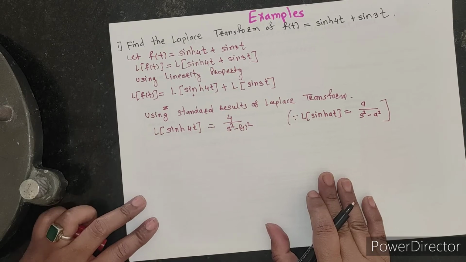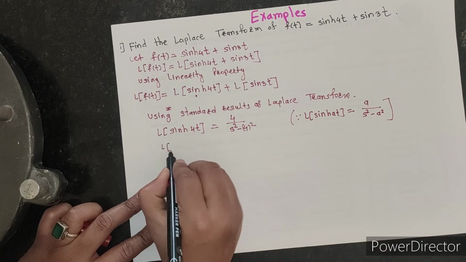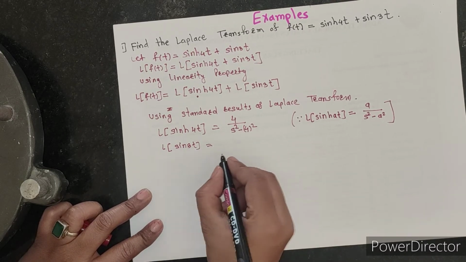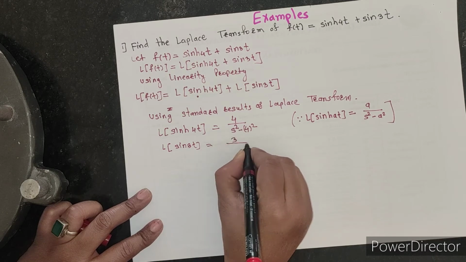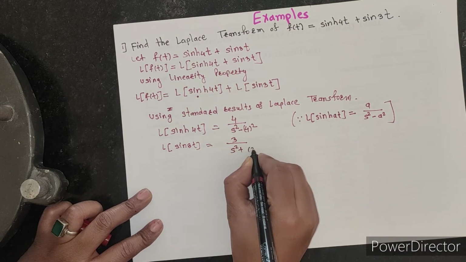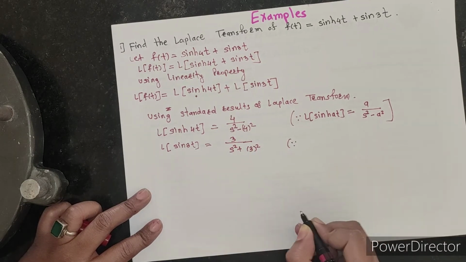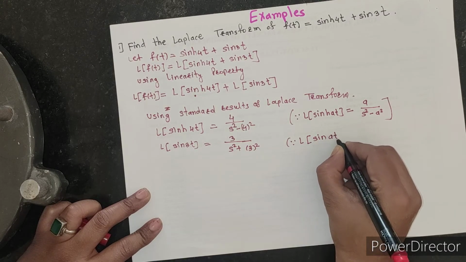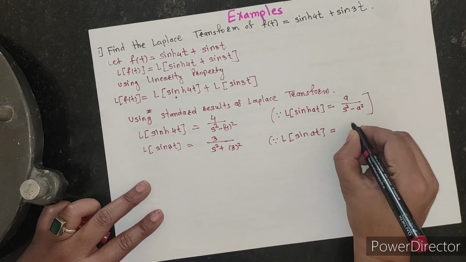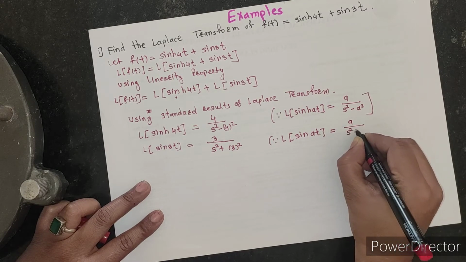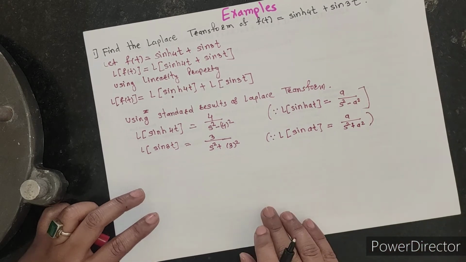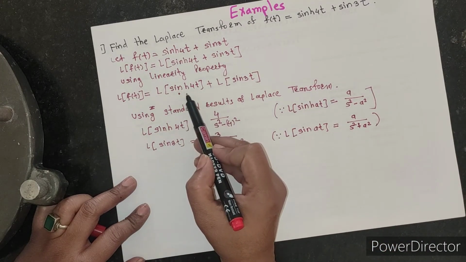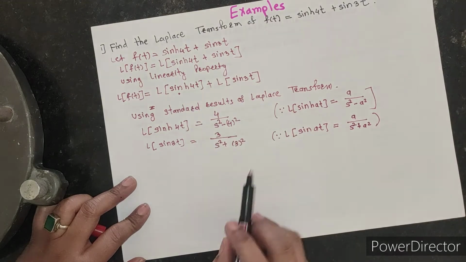Correct? Now, we find Laplace transform of sine 3t. What is the Laplace transform of sine 3t? 3 upon s square plus 3 square. Using the standard result, Laplace transform of sine at is equal to a upon s square plus a square. Correct? Using these results, we directly write Laplace transform of sine hyperbolic 4t and sine 3t.